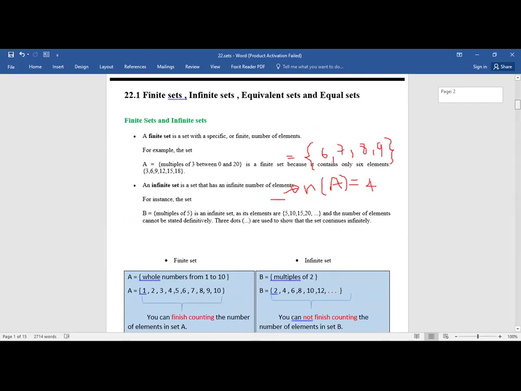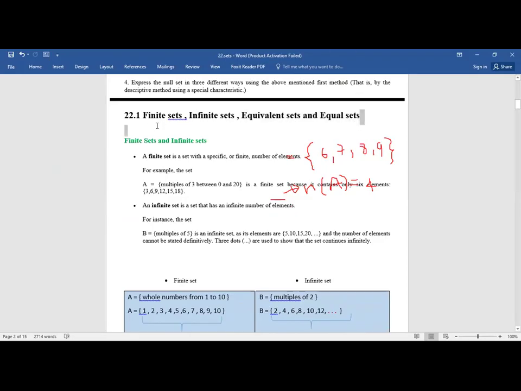Write down the subtitle: finite set, infinite set, equivalent sets, and equal sets.